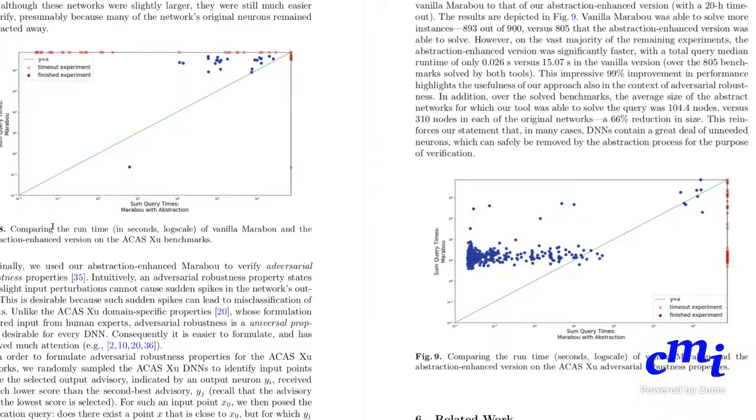Correct. So they ran about 900 instances, and the vanilla one actually completed successfully more times than Marabou with abstraction: about 805 for one, and about 80 to 90 more for the vanilla.